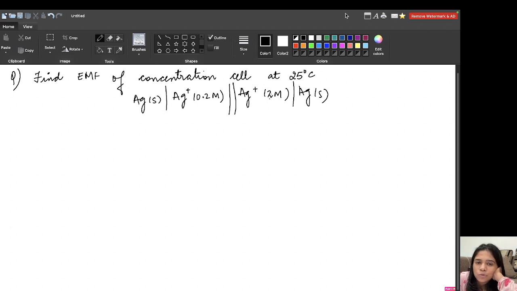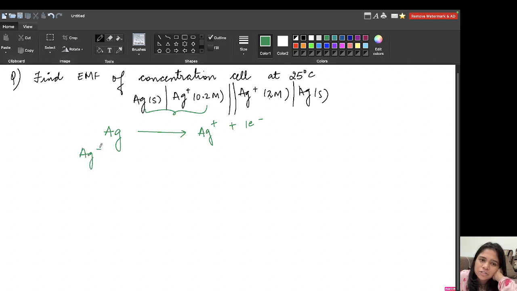So first, anything given to us? E naught value is not given, right? Why is it not given? First, we can write the reactions of both. Just notice it's the same thing happening, same kind of cathode and anode. First time, Ag is getting converted into Ag plus, one electron.